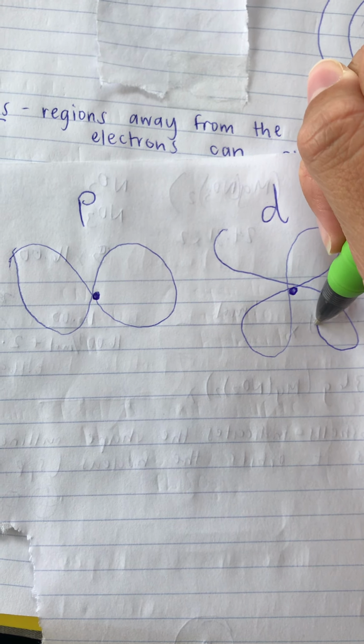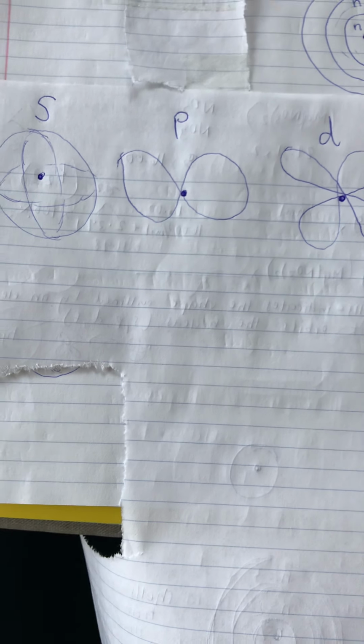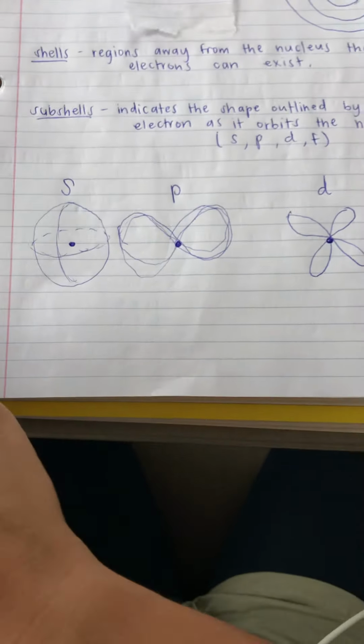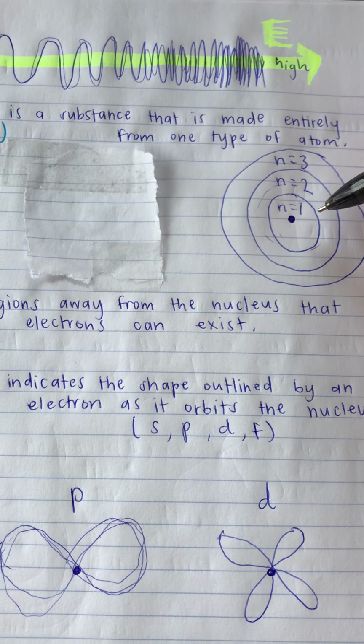It's going to travel around the nucleus, and it's actually not going to touch the nucleus. So these are the 3 different types of orbitals that we can see electrons traveling within the atom.